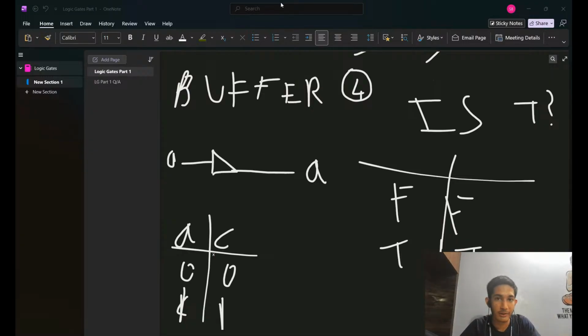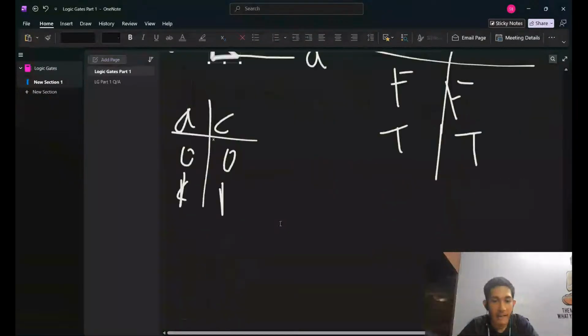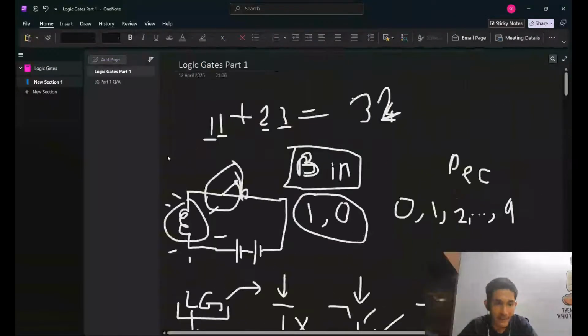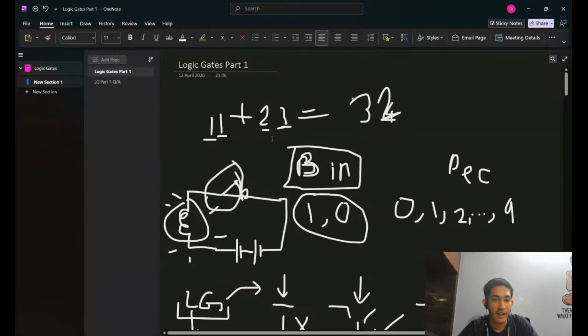I don't know if there is any Boolean algebra representation for buffer, but what I do know is that it simply looks like this, the pictorial representation. And the buffer circuit diagram I showed at the start, actually by accident, or by accident, you never know. It's this, simply a battery connected to a switch connected to a bulb.